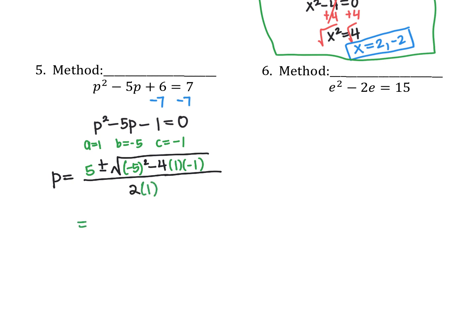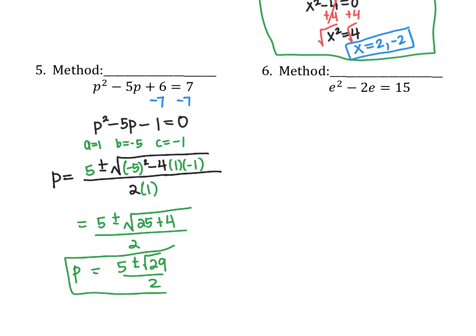And if it really does not factor, then normally you don't have to simplify much either. -5 squared is +25. -4 times 1 is -4, times -1 cancels to a +4. So for p, I got p equals 5 plus or minus the square root of 29 over 2, and I have no idea what the square root of 29 is. So I'm going to leave my answer as an irrational answer, and I did end up using the quadratic formula as my method, and that was because factoring didn't work.